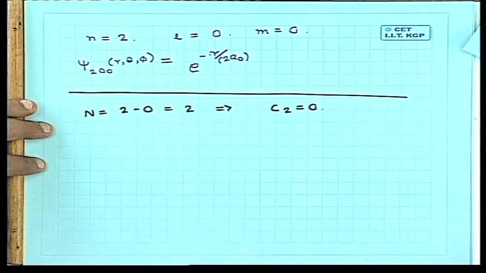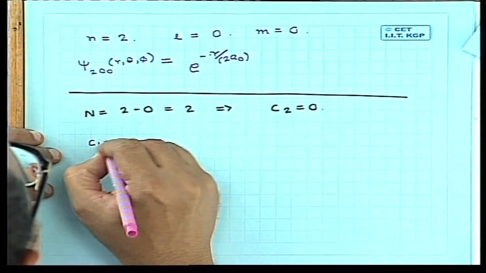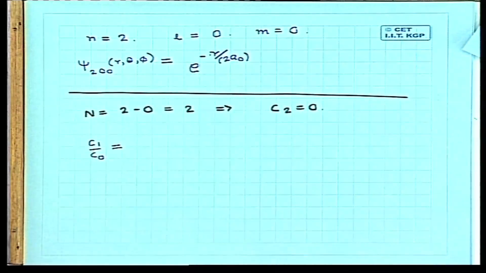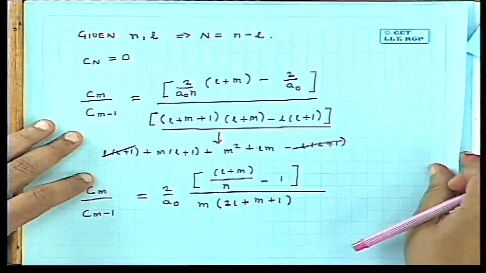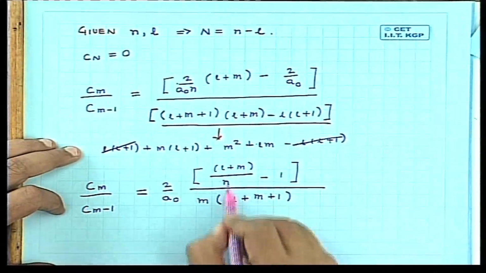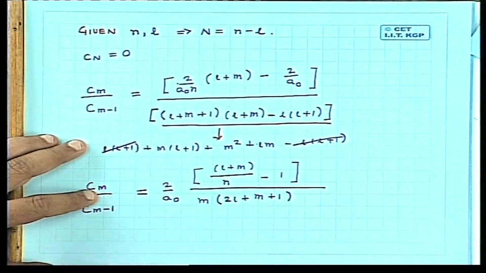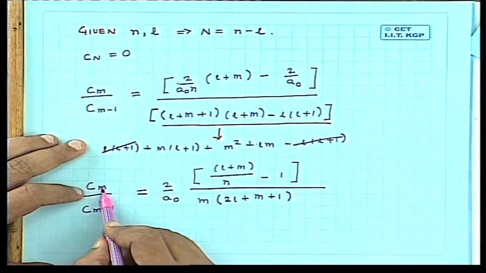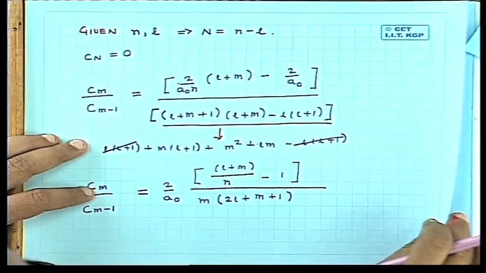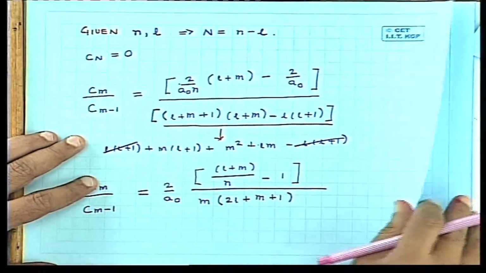Let us work out how much is C1. So C1 by C0 is equal to, let us work this out. So here we know the relation between C1 and C0. So we can just put in the values of L, m is equal to 1. m is 1, L equal to 0. So let us put in the values.